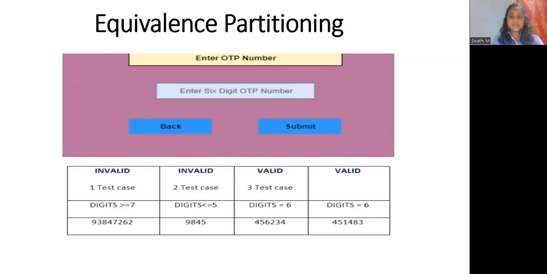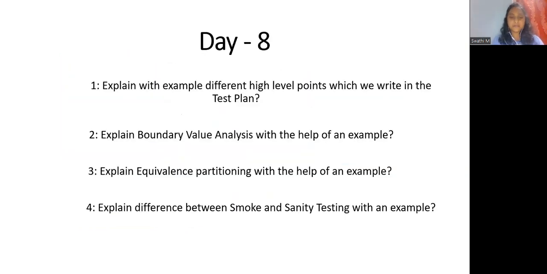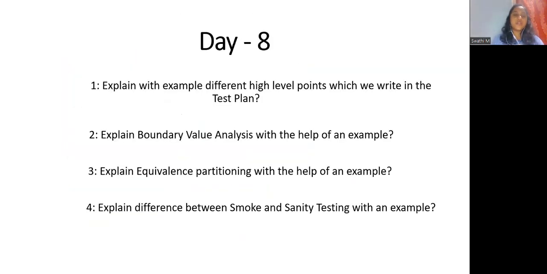So the next question is, explain the difference between smoke and sanity testing with an example. In smoke testing, it is performed to ascertain that the critical functionalities of the program are working fine. In sanity testing, it is done at random to verify that each functionality is working as expected.